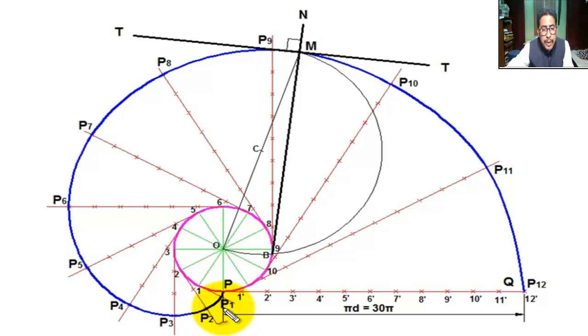Now on this tangent we mark P1 such that 1P1 equal to P1 dash.